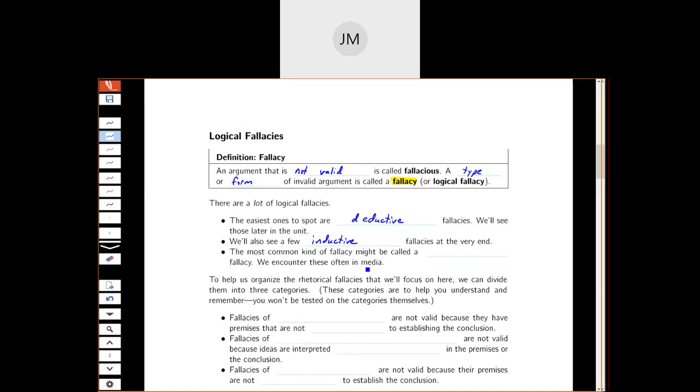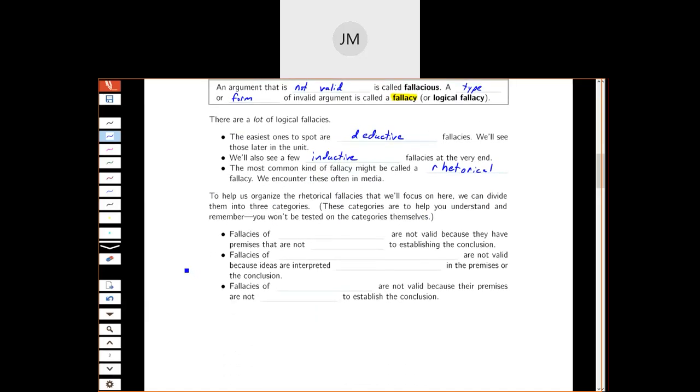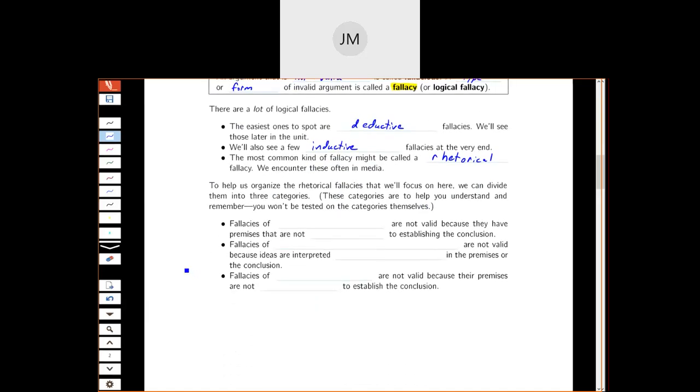The most common kind of fallacy that we're going to encounter, though, is called a rhetorical fallacy. We often run into those in the media, or maybe when you're discussing ideas with a friend or something like that. Okay, so let's go over what these are to begin with. We're going to organize our rhetorical fallacies, and we're going to divide them into three categories.